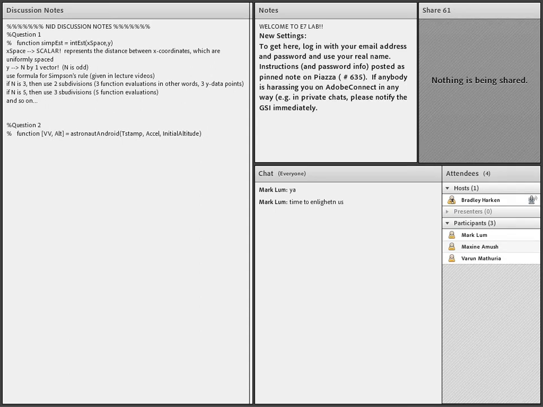Basically we are given acceleration at a bunch of time steps.